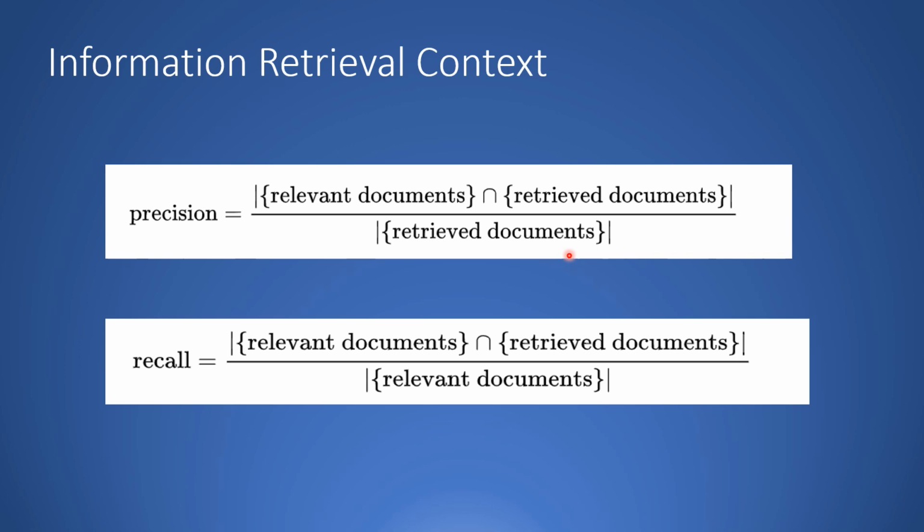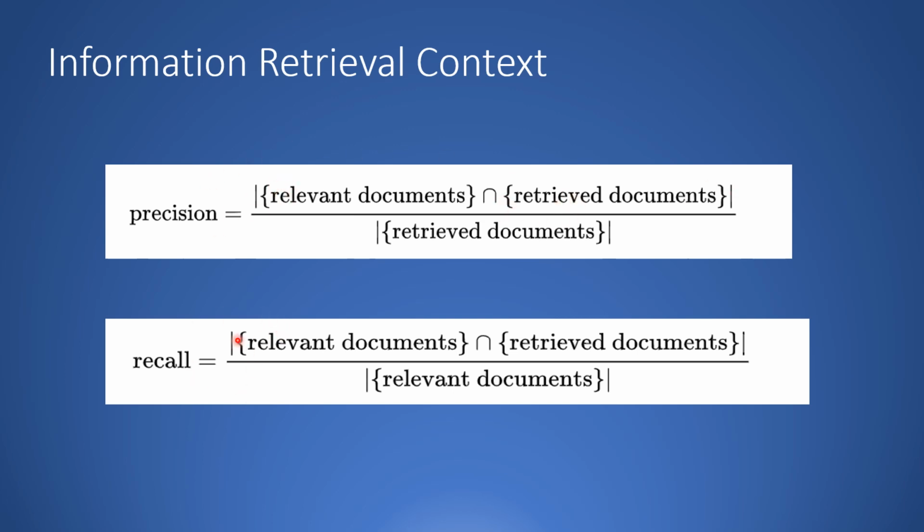So the idea over here is that you have a set of documents which are retrieved by a query, out of which how many are the relevant documents. Okay, so for example, you are doing a Google search for a certain term, right? Now how many relevant documents are there in the set of all the retrieved documents? So it is relevant documents intersection with retrieved documents. Okay, so this is precision.